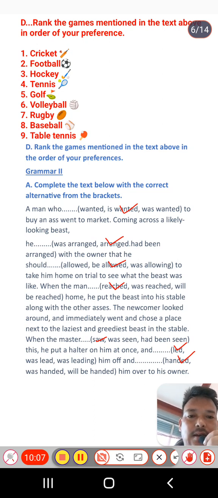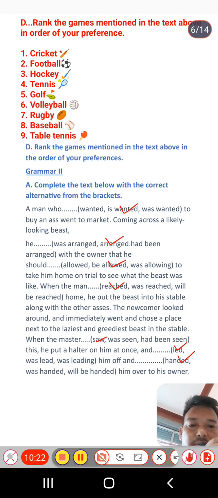Number 2. Coming across a likely looking beast, he arranged with the owner that he should be allowed to take him home on trial to see what the beast was like. When the man reached home, he put the beast into the stable along with the others.